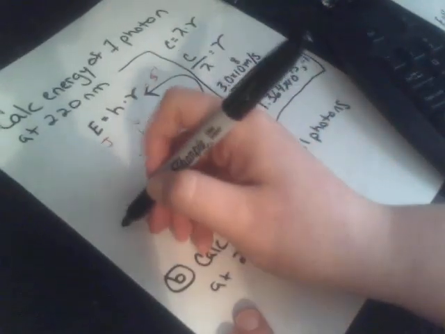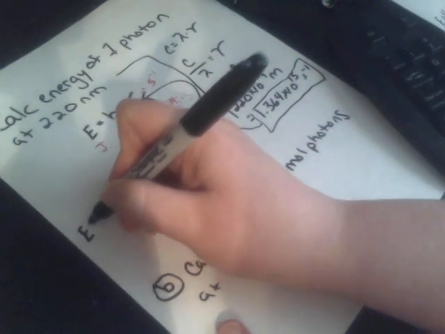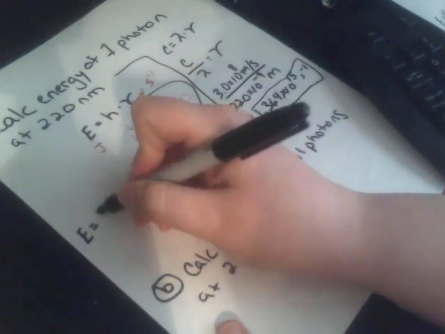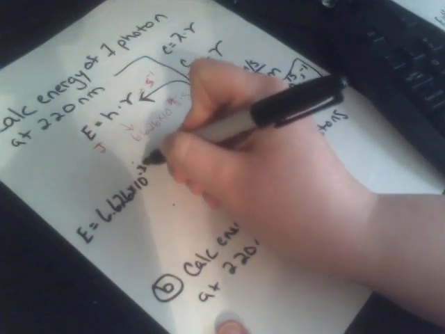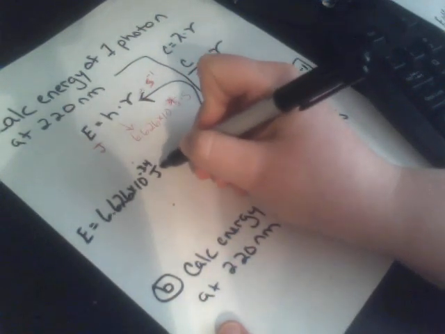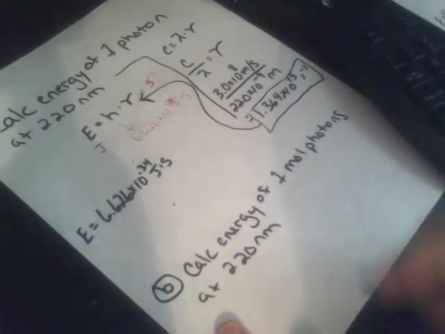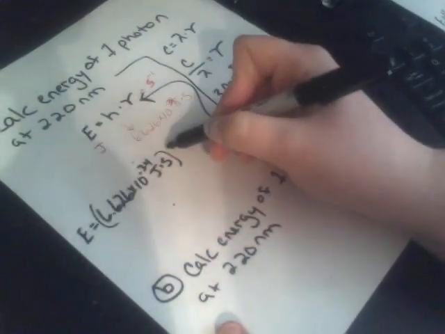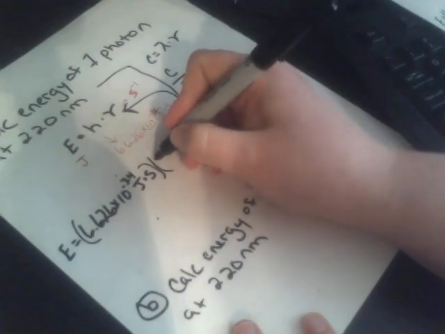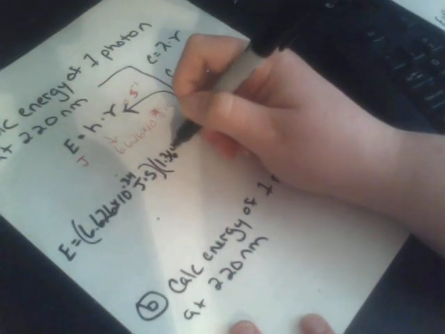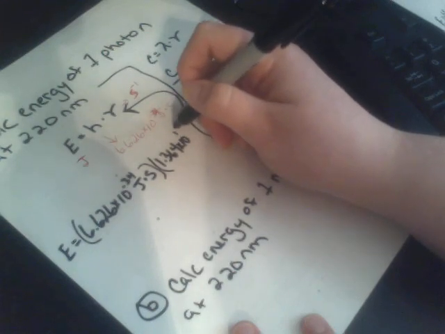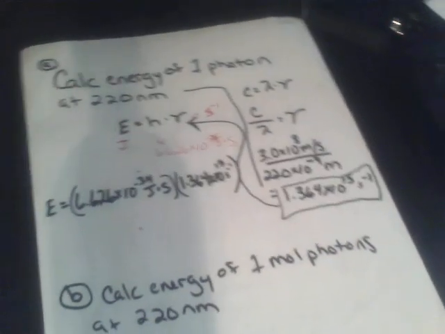So to set that up, we have energy equals 6.626 times 10 to the negative 34 joules times second, times our frequency, which we just found, which was 1.364 times 10 to the 15 per second. Right? So we're just multiplying these two together now.